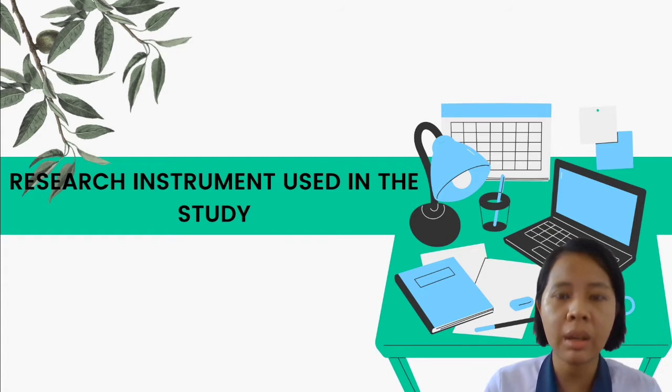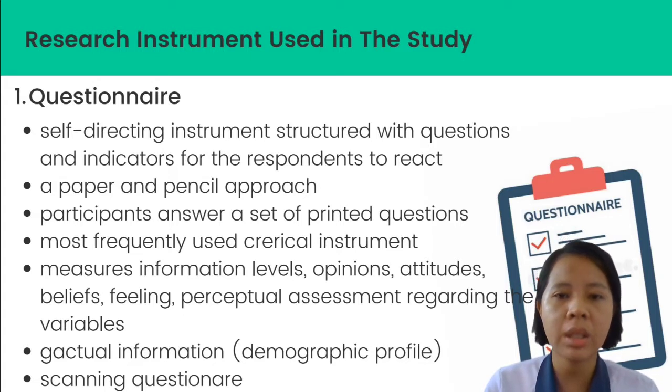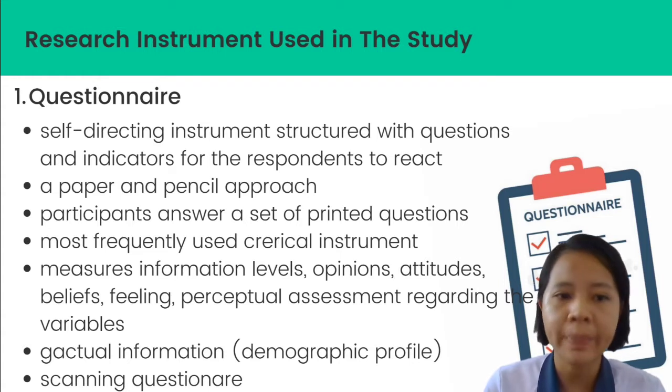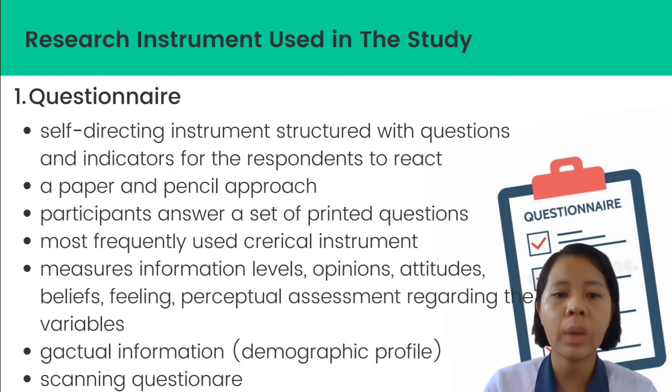Now, for the research instrument used in the study, the first thing that we use to gather the data from our respondents, the level 3 nursing students, is the questionnaire. As you can see on your screen, a questionnaire is a self-directing instrument structured with questions and indicators for the respondents to react to, a paper and pencil approach. The participants will answer a set of printed questions, or in our case, we will be using a Google Form.